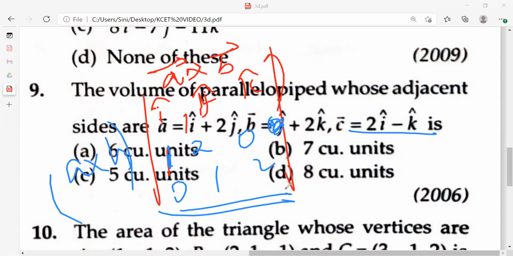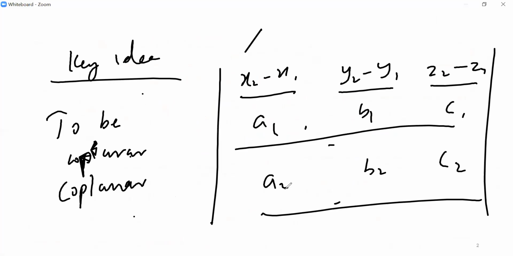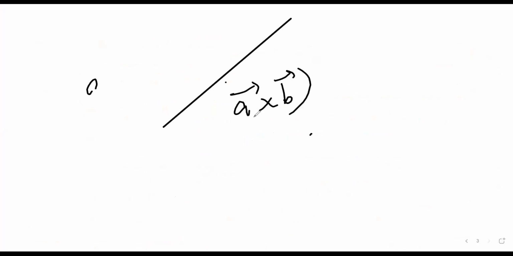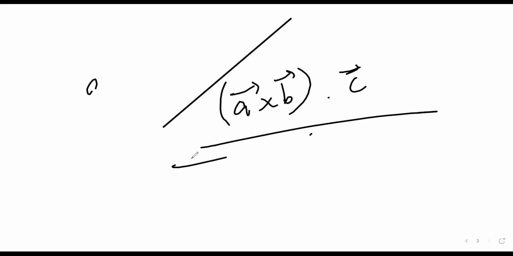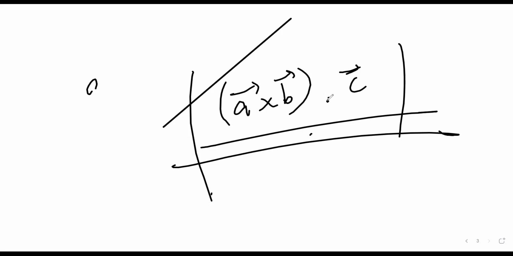C. So in this kind of question, the parallelepiped question, it's something like this. I'll show you the formula for this. It is nothing but A cross B, correct, dot C. You got the point. So the volume of a parallelepiped is what? The modulus of this thing, the modulus of A cross B dot C. Cross, in the sense we have to use what?